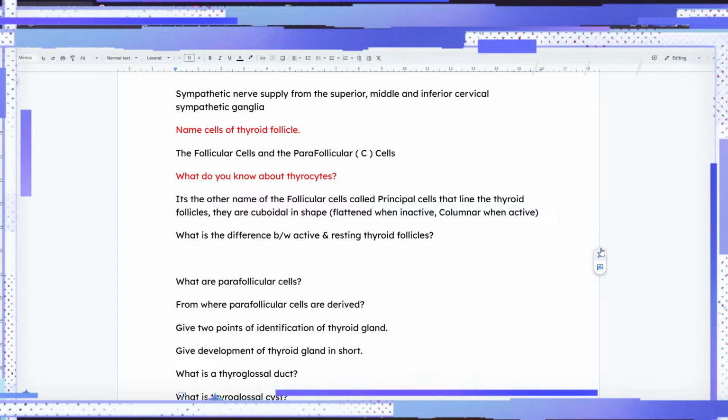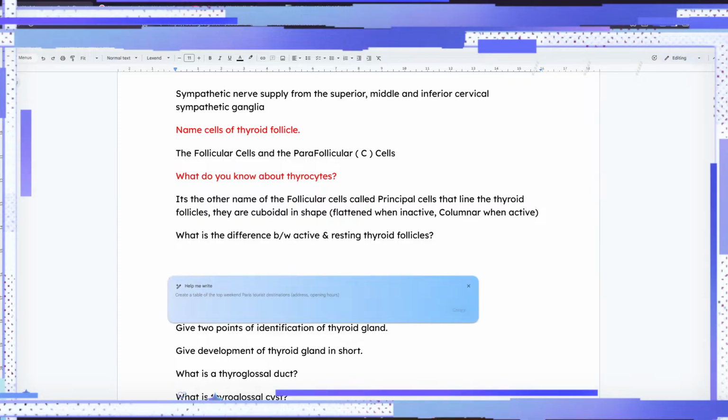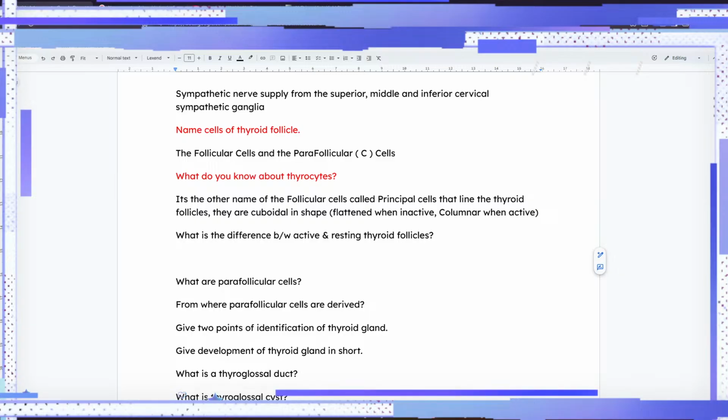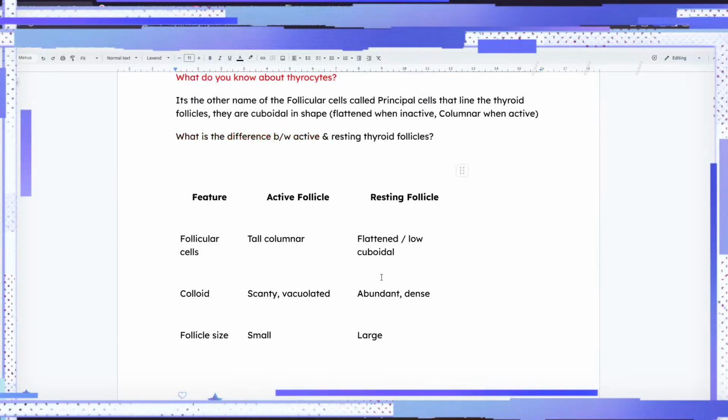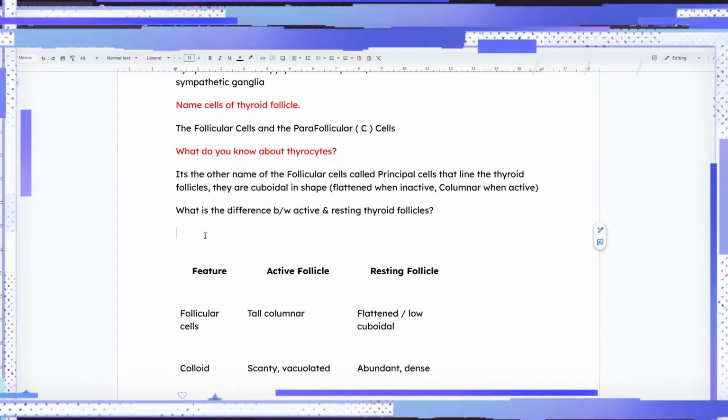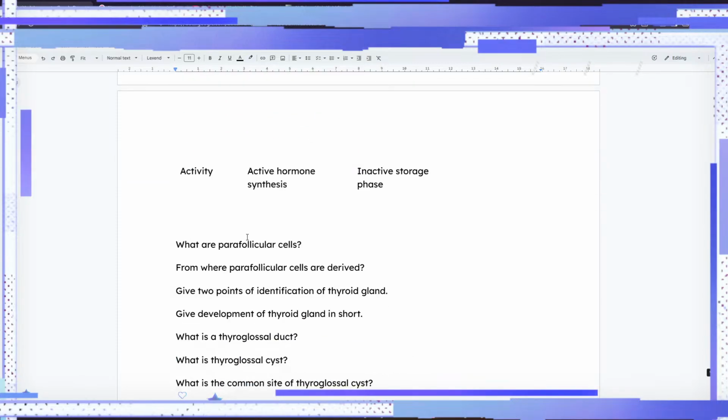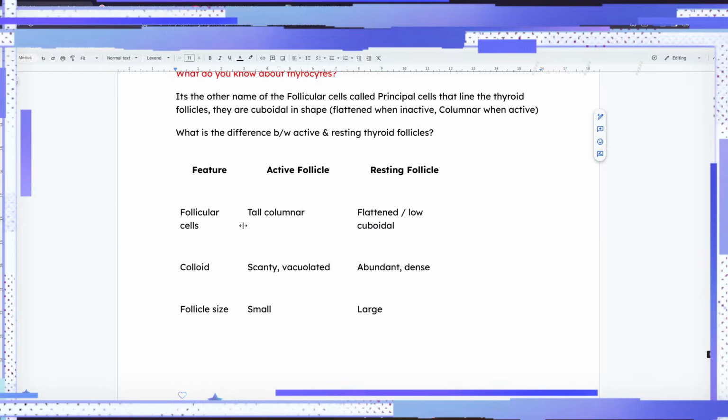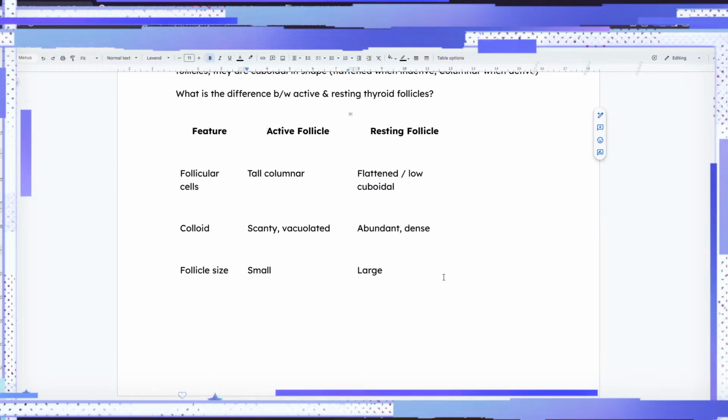I think I'm going to make a table. What about this table? It's a pretty decent table, and I don't mind it.